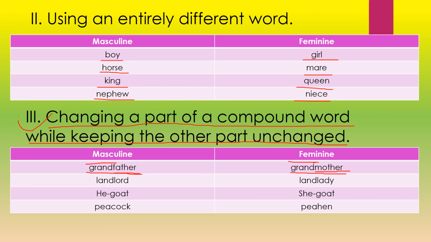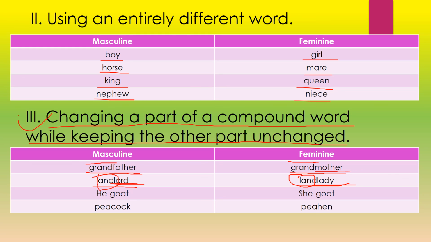Now, next example, landlord, landlady. Again over here the same thing. The word land remains the same in both cases, and the other part, that is in masculine gender you have lord, and in feminine gender you have lady. So landlord is the masculine gender, landlady feminine gender.